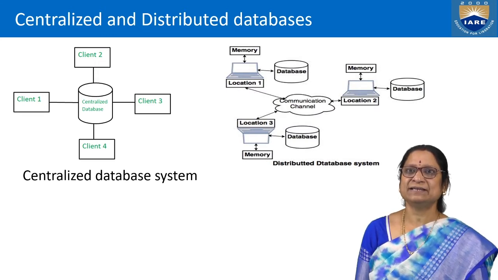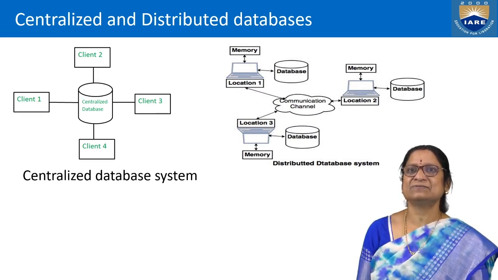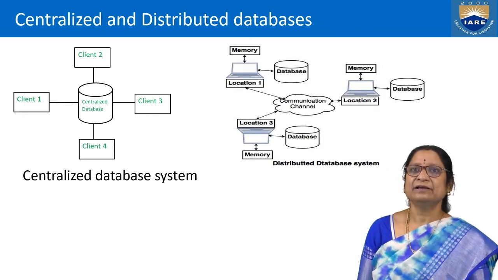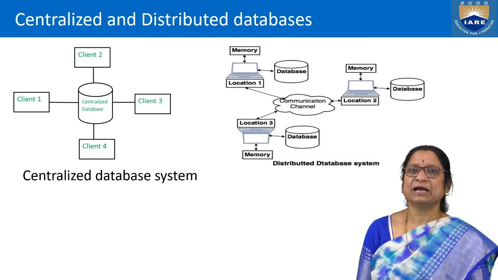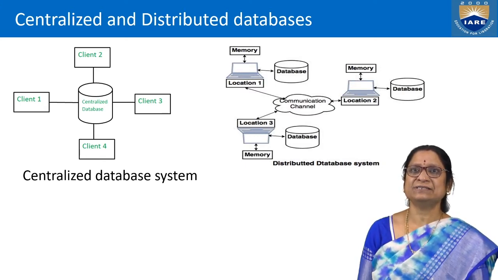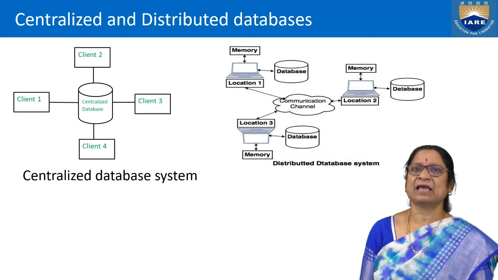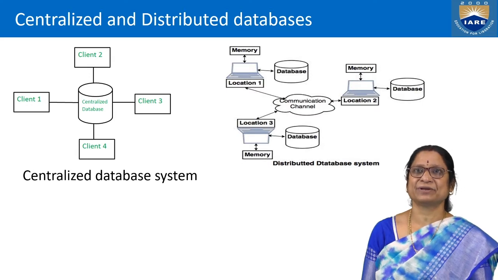In the first case, you observe the centralized database system. The centralized database resides in a database server, and all the clients, that is, various users, use this data for their applications by interacting with the centralized server. It has its own advantages and disadvantages.